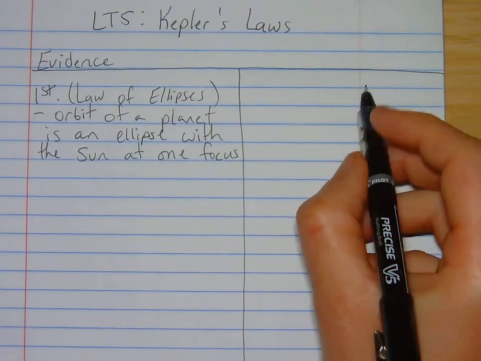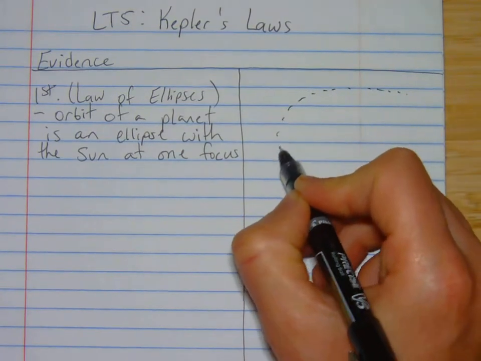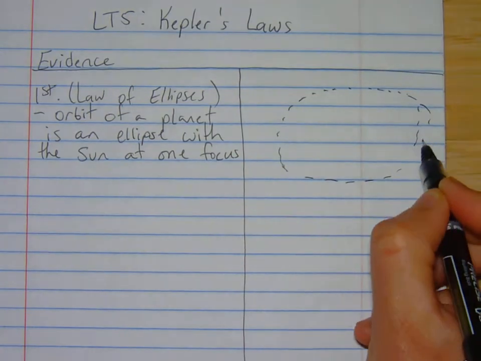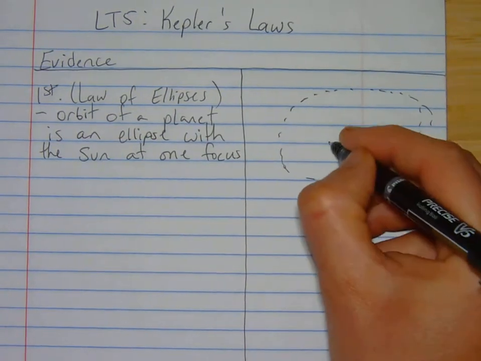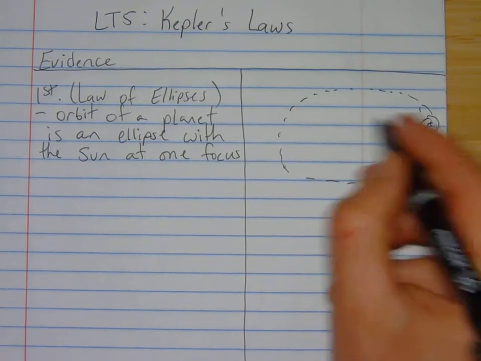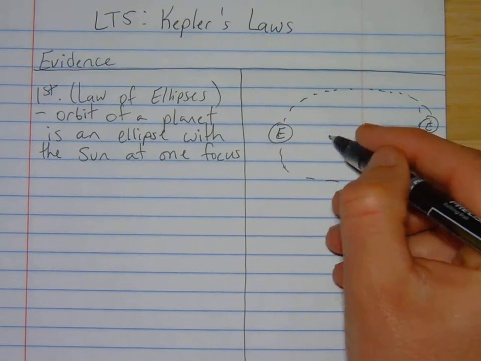Hopefully, and if not prior to now you will know, that an ellipse is a flattened circle. That is not a very good flattened circle, but something like that. Let's say the Earth is right here in its orbit, and let's have the Earth over here at its orbit. We know the sun, and I'm going to exaggerate it.